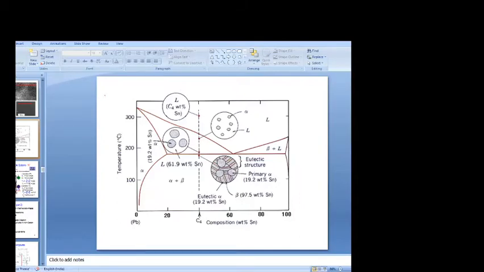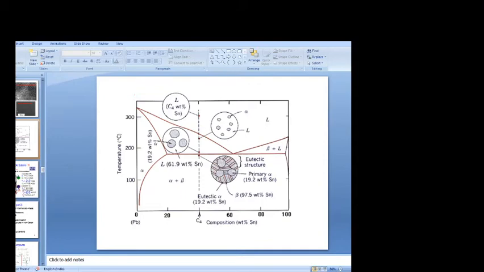That alpha plus liquid phase is showing basically, give me some time to explain it in detail, because these are the things we need to understand very carefully.